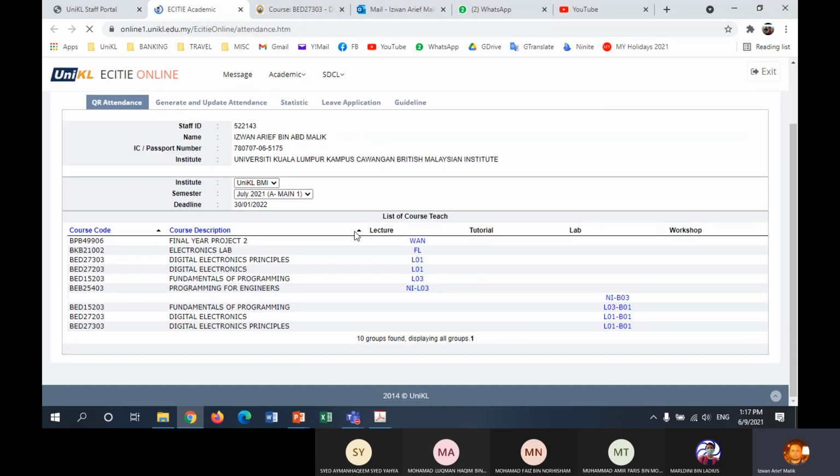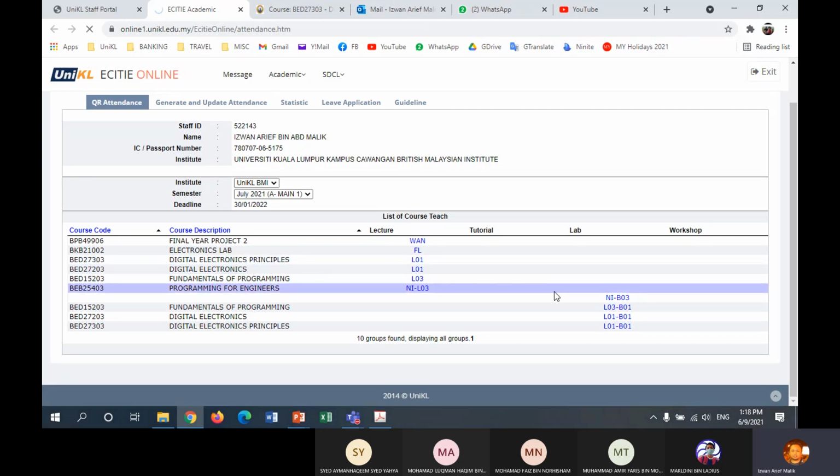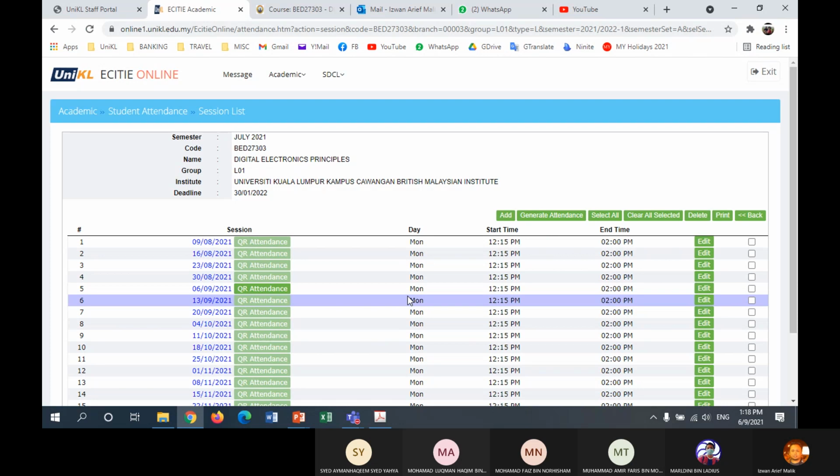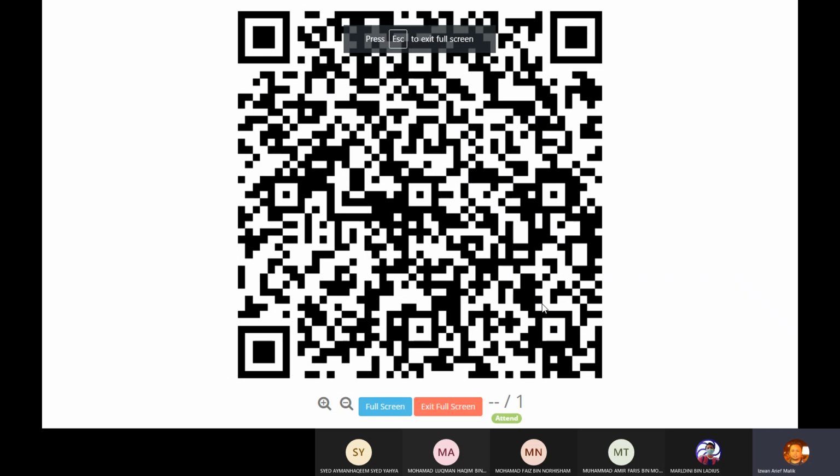Tak ada sir. Ada LO Digital Electronic Principle. Okay, please scan dulu Digital Electronic Principle. Yang seorang, siapa? Faiz lah. Ada ke Faiz? Ada.